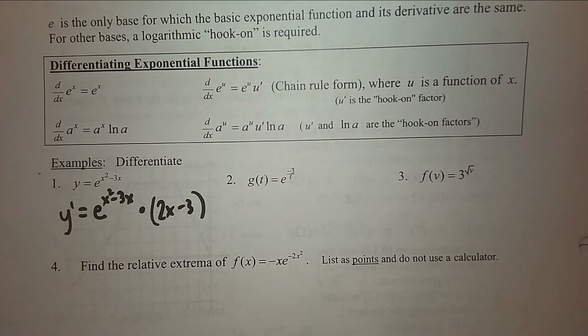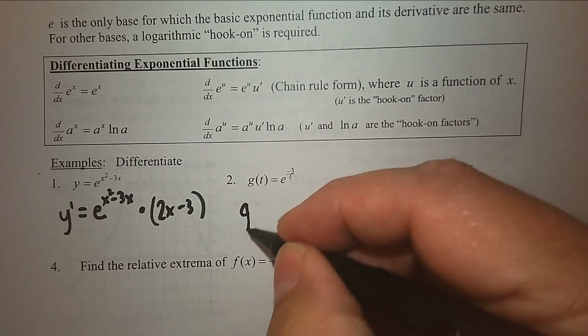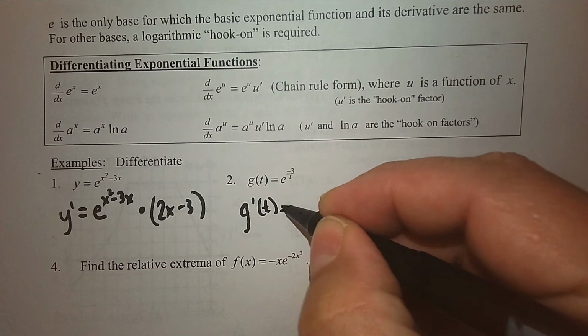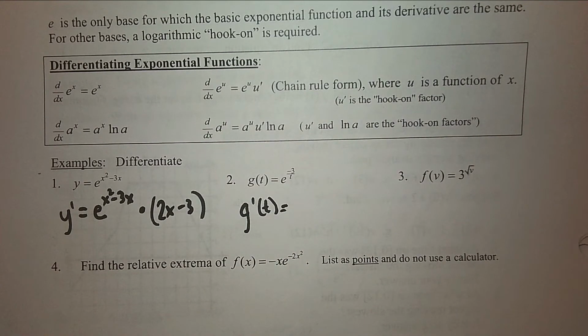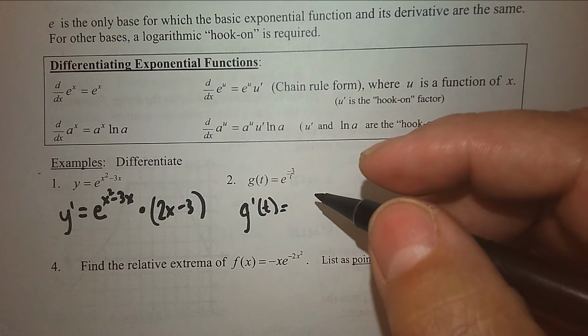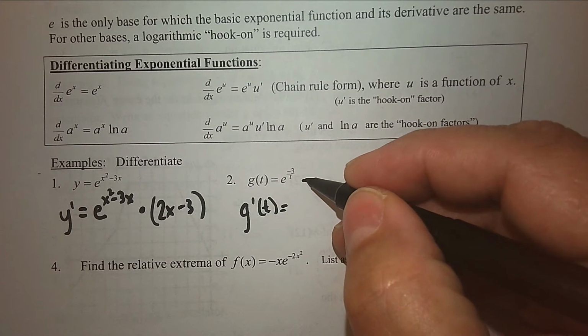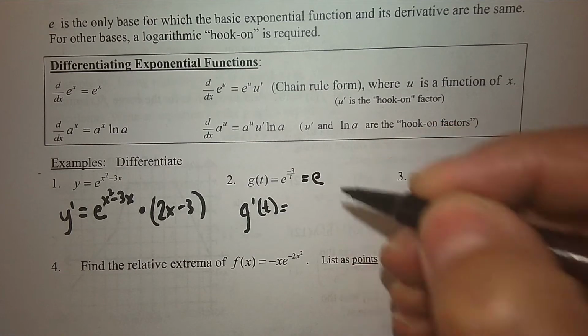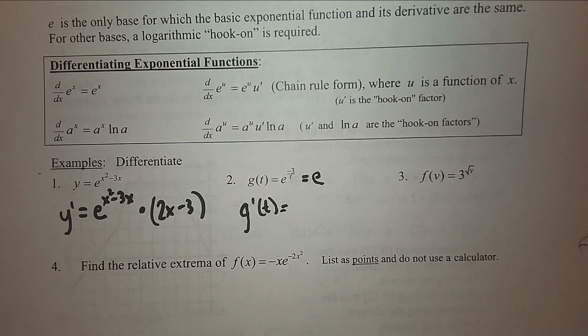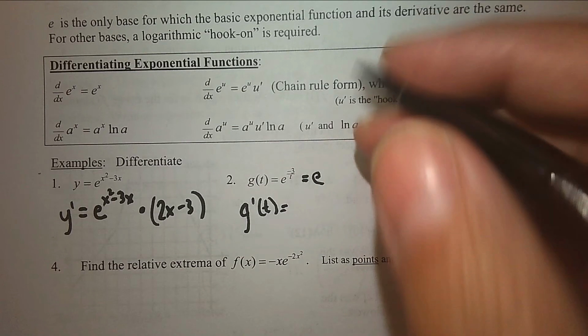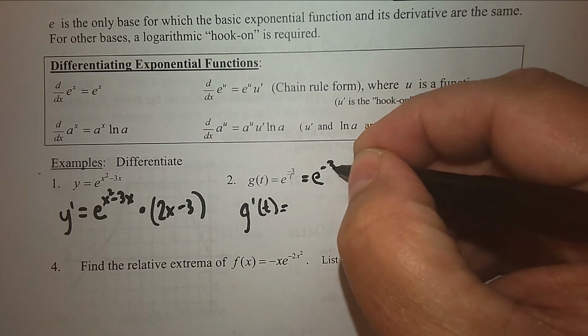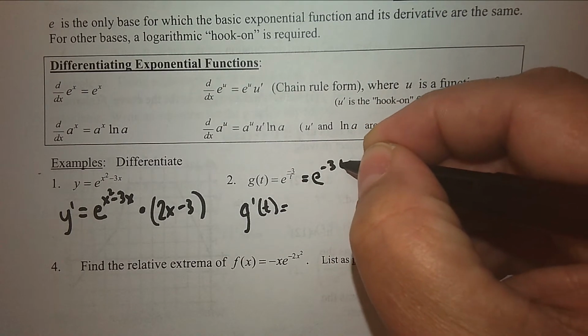How about the next one? Can you take the derivative of g at t? This one might be helpful to do a little algebra first. So what's a better way to write negative 3 over t?